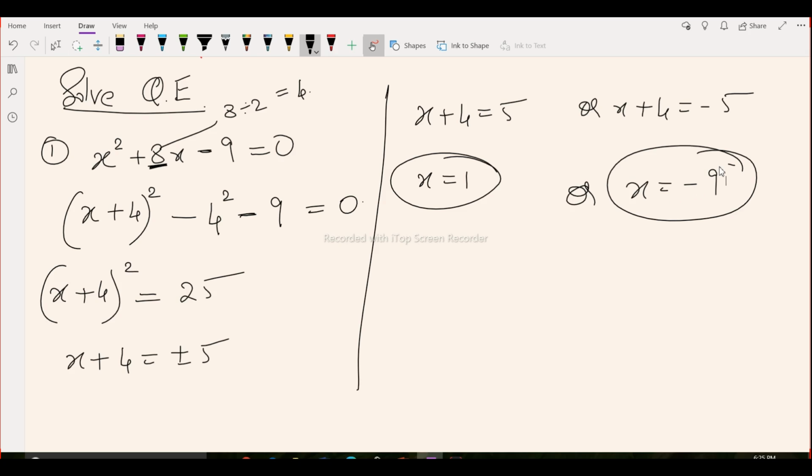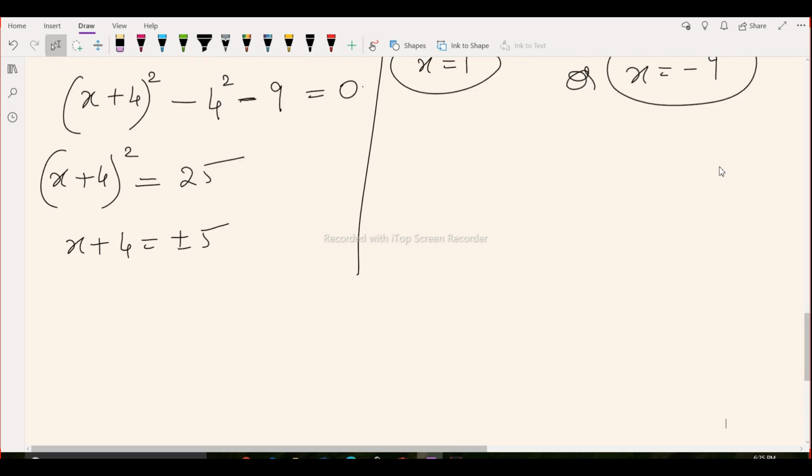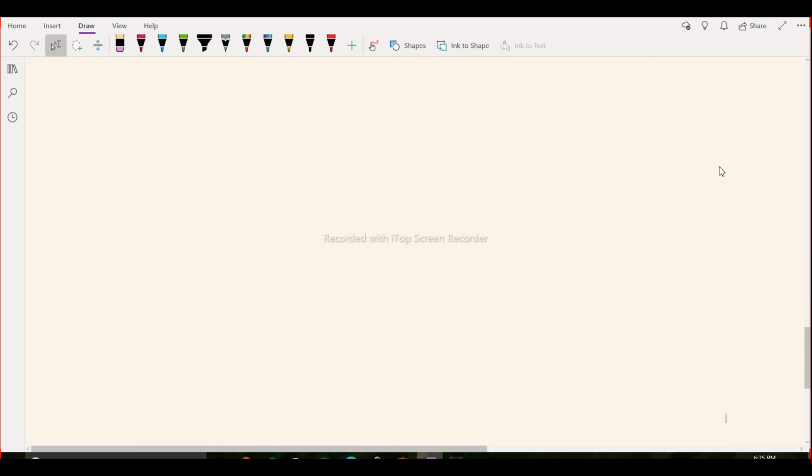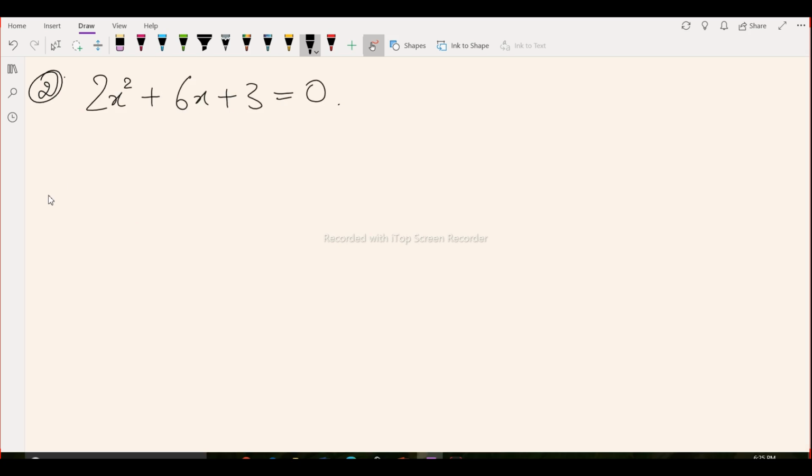Let's say the question is, you have to solve the quadratic and you have 2x square plus 6x plus 3 equal to 0. Again, now I see that the coefficient of x square is 2. So I need it to be 1.